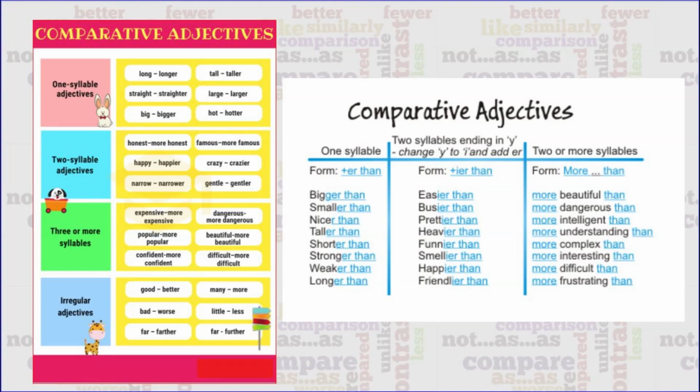For example, busy becomes busier, funny becomes funnier, and happy becomes happier. In all cases you need to add than to all the adjectives, so that the comparison can be done correctly. For example, the Camry is more expensive than the Corolla.